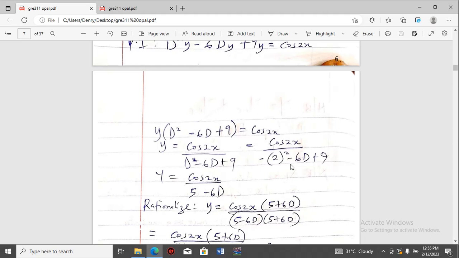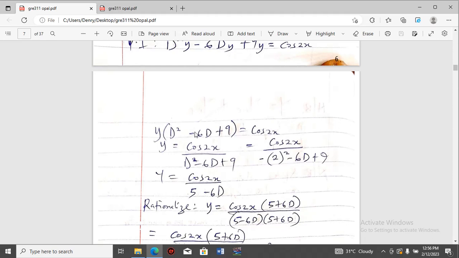Now if you differentiate cos 2x, be it once or twice, if you differentiate it the first time, what do you have? A negative sign, right? Even if you have a sine here, when you differentiate it twice, you still have a negative sign. Why am I really focused on the differential being 2 times? Because the highest is D squared.